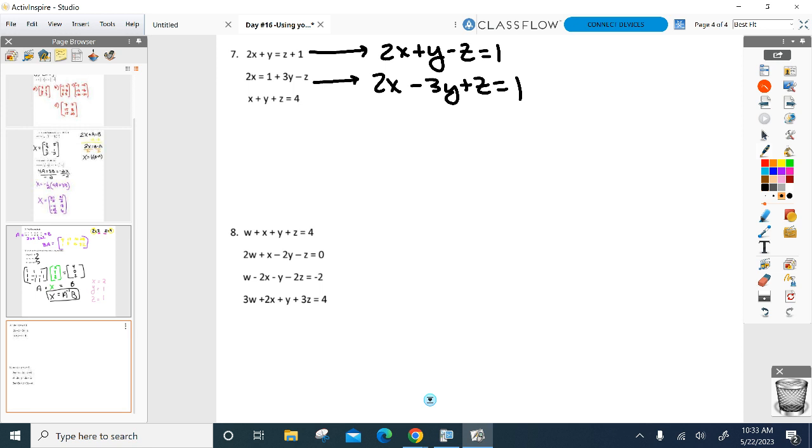So make sure X, Y, and Z are all on the same side. Build matrix A, build matrix B, and then do the inverse of A times B.